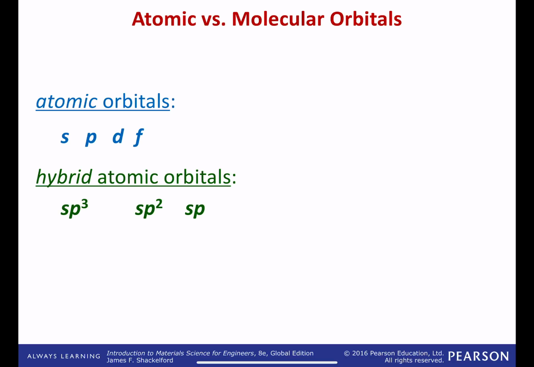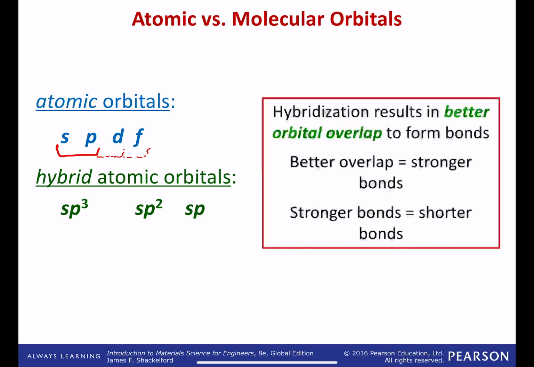So those listed here would result from hybridizing s and p orbitals with a given number of p orbitals to give us certain options. Okay, hybridization with d orbitals is also possible, and even hybridization with f orbitals is also possible, but we won't see that in this course, and that's for other more advanced courses in chemistry.